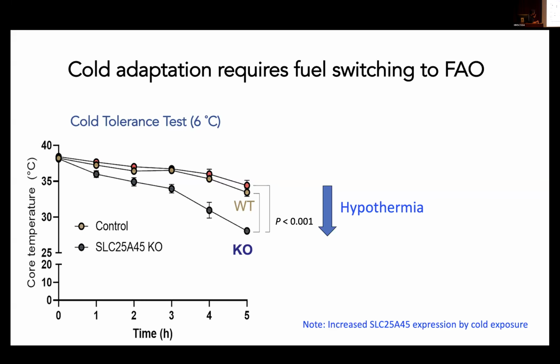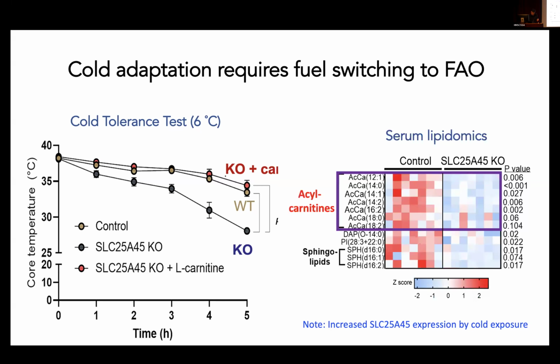Knockout mice are able to maintain body temperature for up to 2 to 3 hours. Then after 4 to 5 hours, they develop hypothermia, meaning the body temperature drops below 27 degrees. Now, if you supplement carnitine to the knockout mouse, you can rescue it. So this means that the hypothermic phenotype of the knockout mouse is due to the defect in carnitine synthesis.